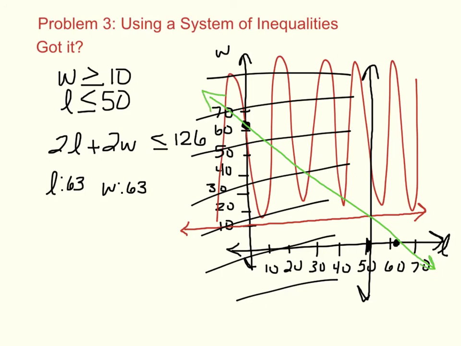But it has to be less than. And if you plug in 0, 0, that would be 0 is less than or equal to 126, so that is true. So this region would be green. So what is the part that overlaps? The overlapping region is going to be less than the green.